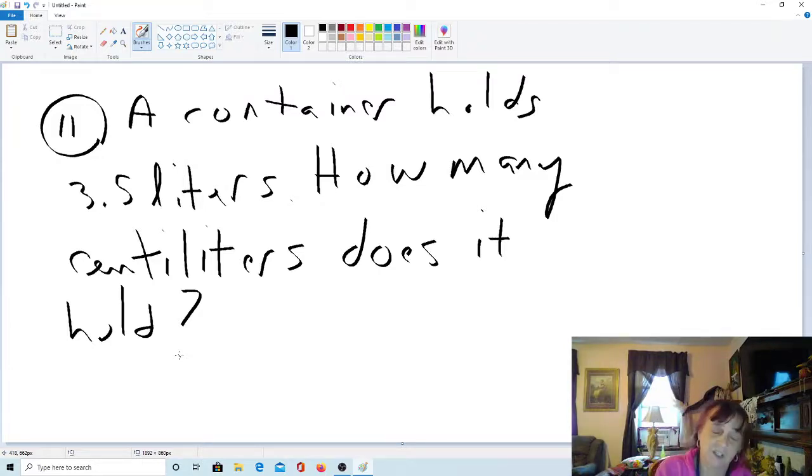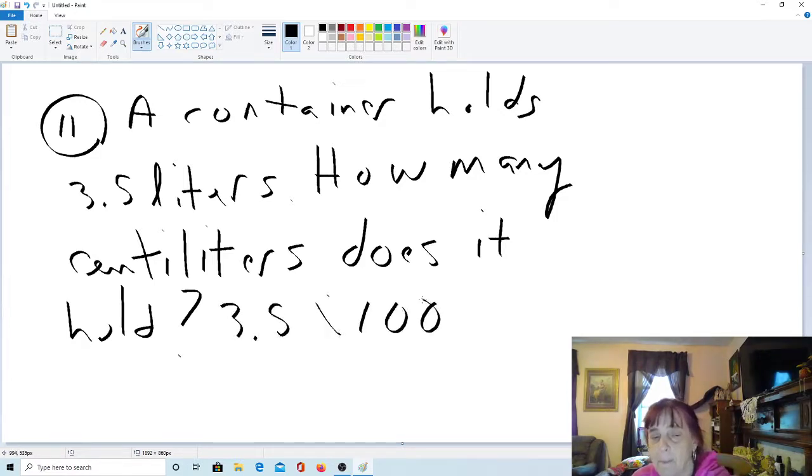So to go from liters to centiliters, you have to multiply by 100. So 3.5 times 100 is 350 centiliters.